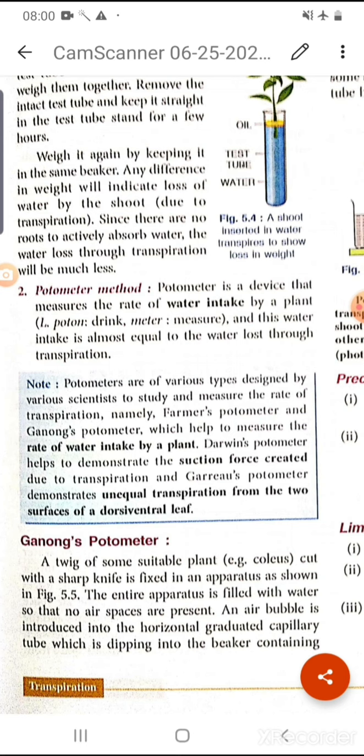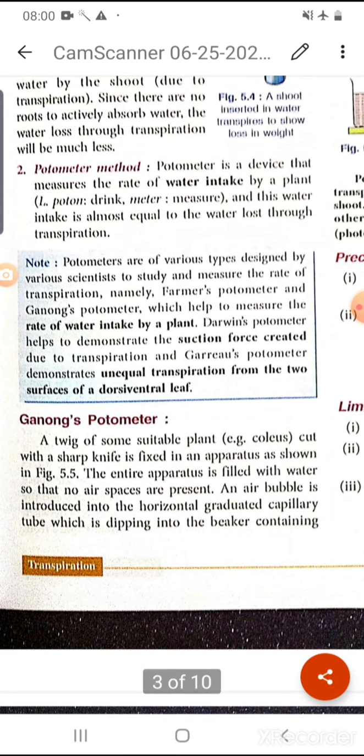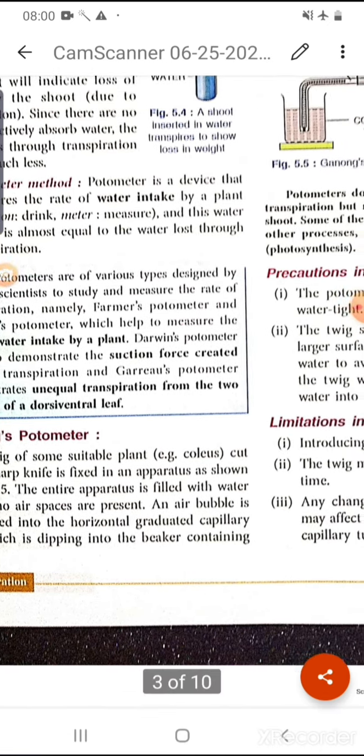So Ganong's potometer is the device through which we can measure the rate of transpiration in a plant. Let's see what it is and how we have to perform the experiment.